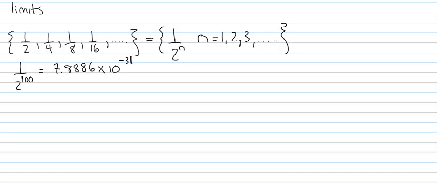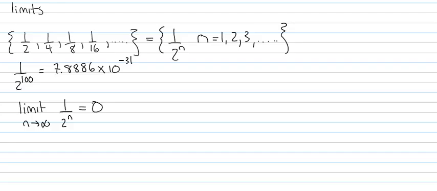So what we can do is to say that the limit of the sequence as n goes to infinity of 1 over 2 to the n is equal to 0. So here we've done something very powerful. We couldn't say that any of the sequence values were exactly 0, but we can say that their limit is 0.